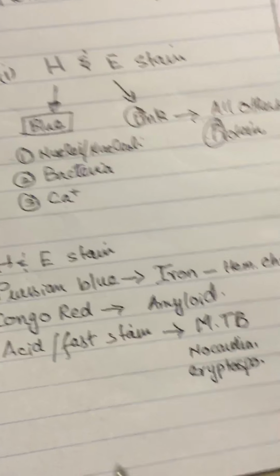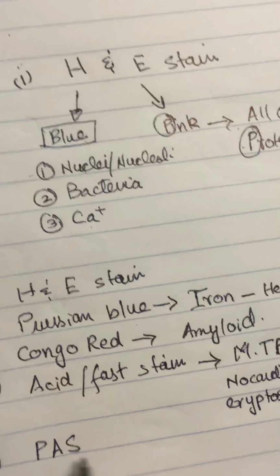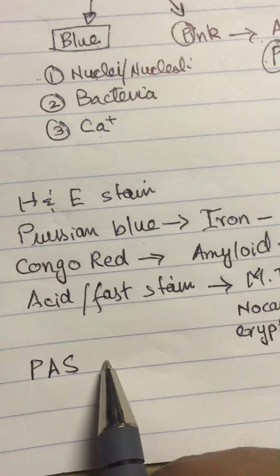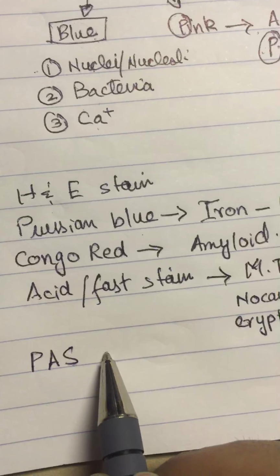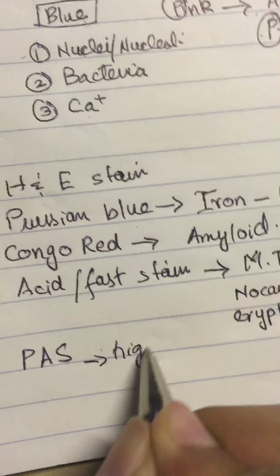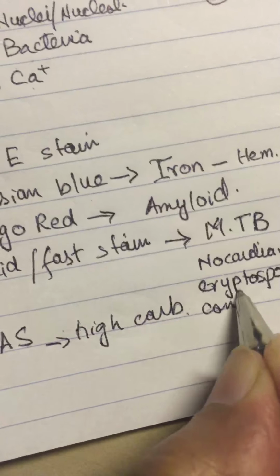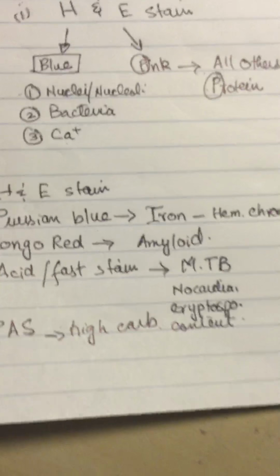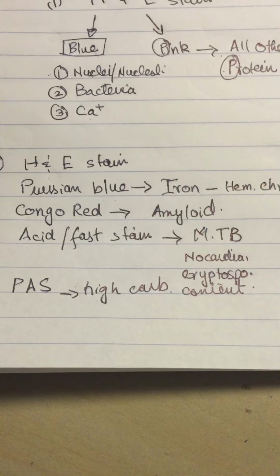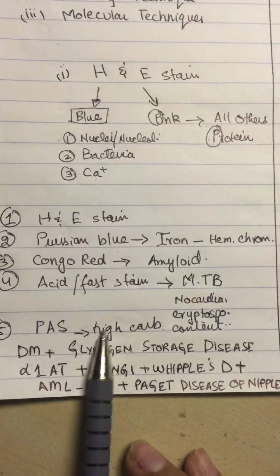Okay, now the other stain that they are going to use is PAS, and it's going to identify high carbohydrate content molecules in the cell. There are a few conditions that are PAS positive.